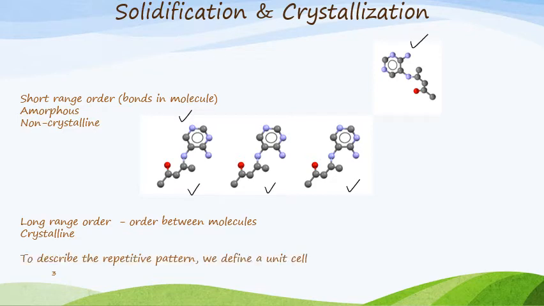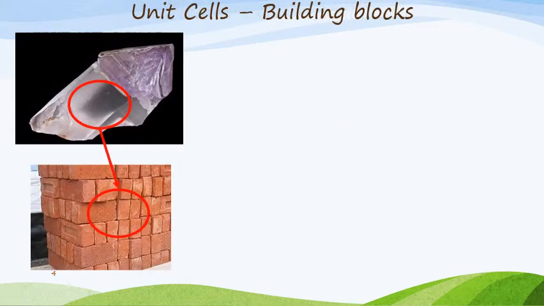Okay, so to describe this repetitive pattern, we need to define what's called a unit cell. So what is a unit cell? Well, unit cells are building blocks to make up the entire solid.